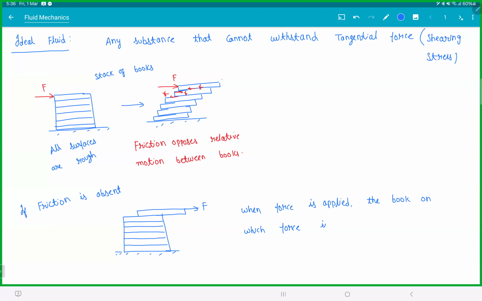Basically, there is no opposition to the motion of the books. There is no opposition to tangential force. Whereas in the above case, if you see, there is an opposition. There is some kind of resistance.